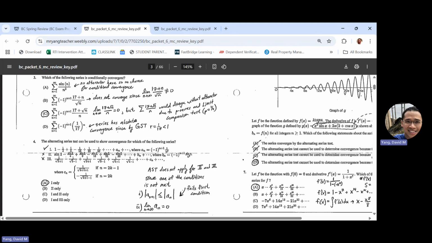If it's not, then it doesn't meet the criteria for AST. So only answer choice 1 is allowing for every single term to be less than the previous one.